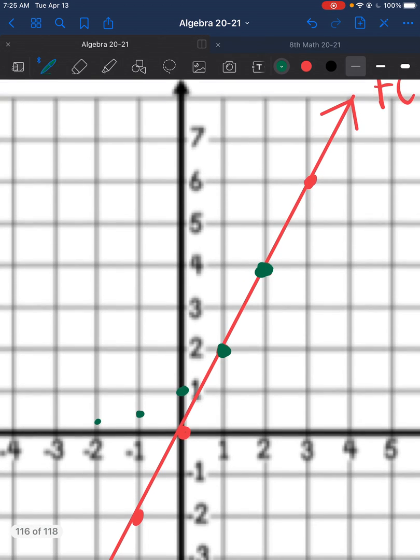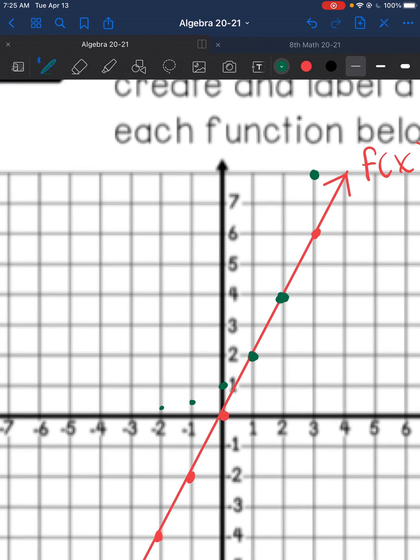And 3, 8. So this one looks more like, that's really not the best. See if I can do a better one. Something along the lines of that. That is our exponential function g of x.